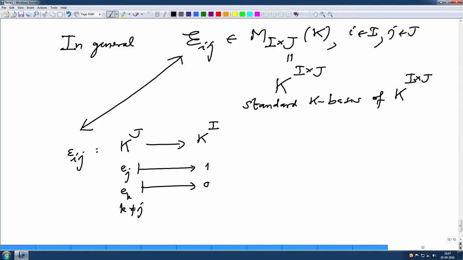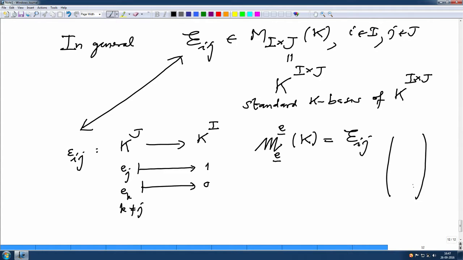So if we write down the matrix of this with respect to the standard basis, that is precisely these matrix units, because this will be the jth column. The jth column here will have 1 in the ith place.